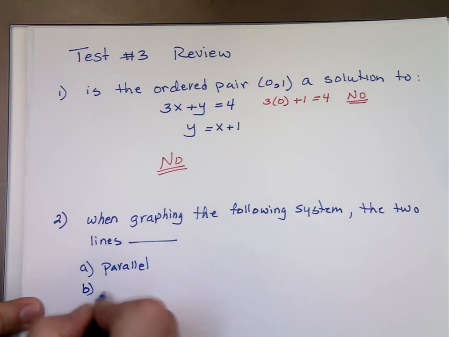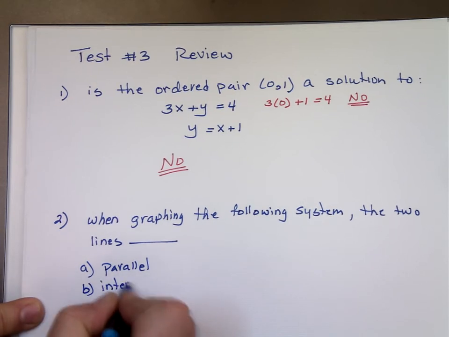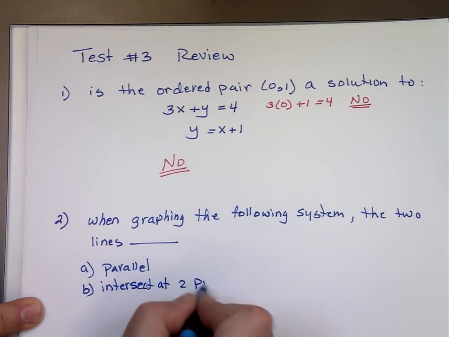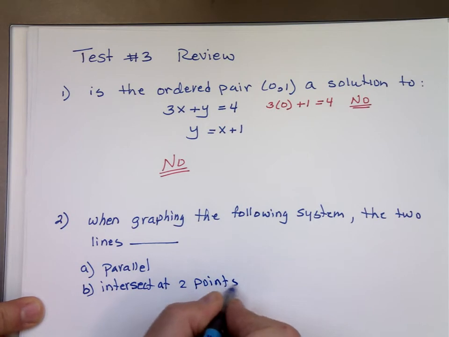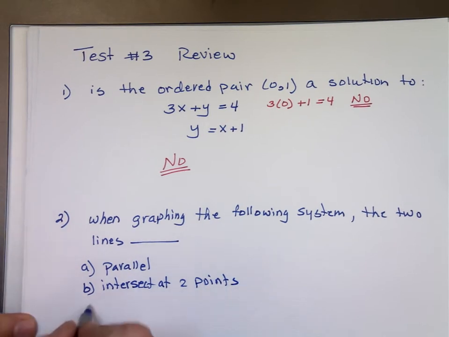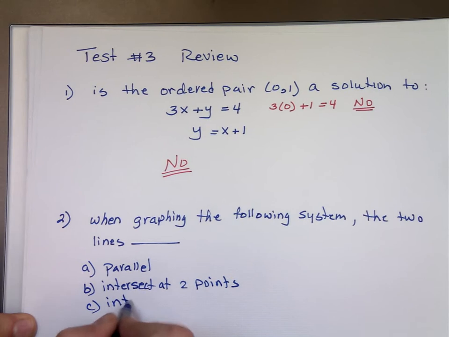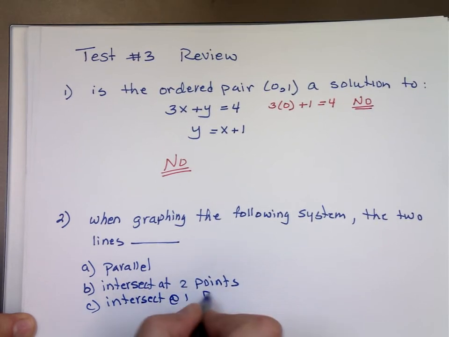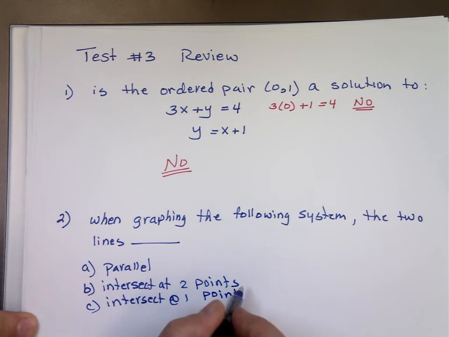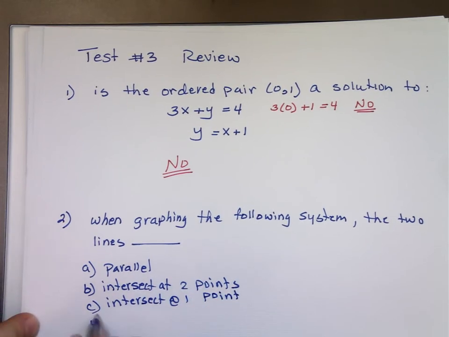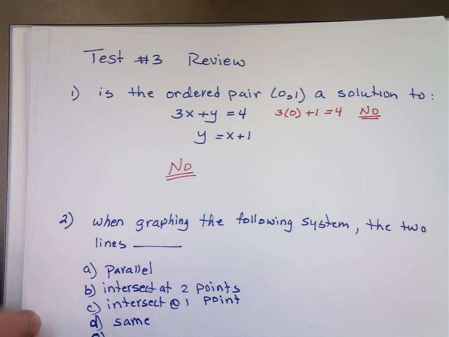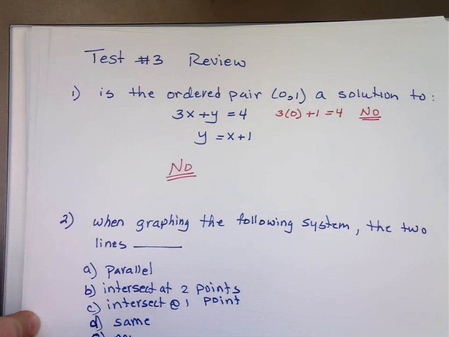Option 2, intersect at 2 points. I didn't give you the system yet. Option 3, intersect at 1 point. Option 4, the same. Option 5, or A, B, C, D, and E, are what? None of these.